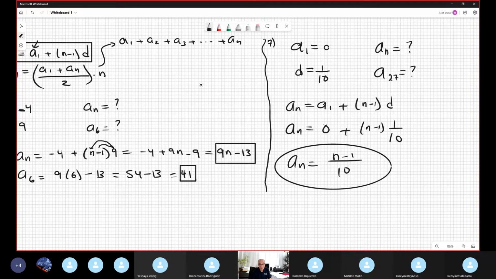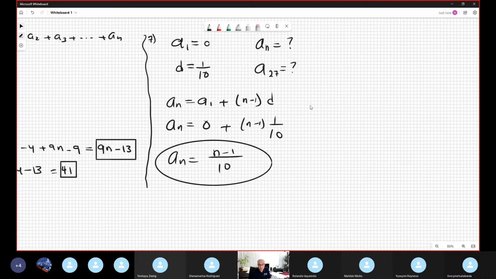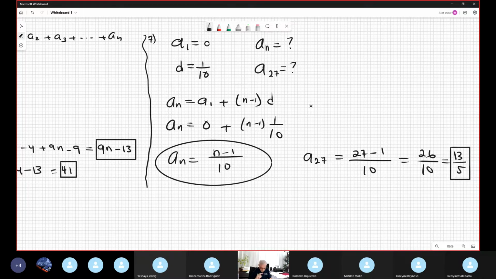It allows me to plug in any value: 1, 2, 3, 4, 5, and you get a1, a2, a3, and so on. And for a27, the position is 27. 27 minus 1 divided by 10 is 26 over 10. You reduce it, and it is 13 over 5. As a decimal, 2.6.